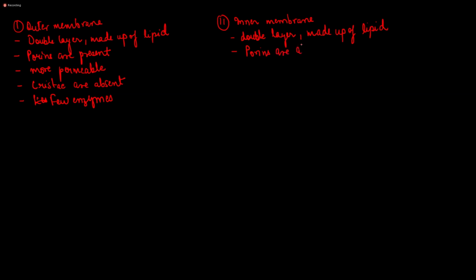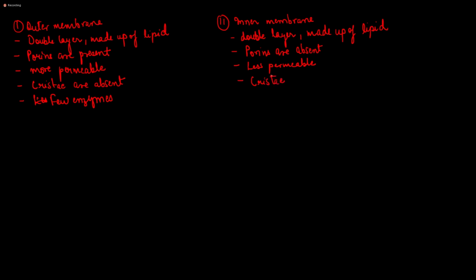Porins are absent in the inner membrane. Thirdly, this inner membrane is less permeable. It allows only selective molecules to pass through it. It has cristae.